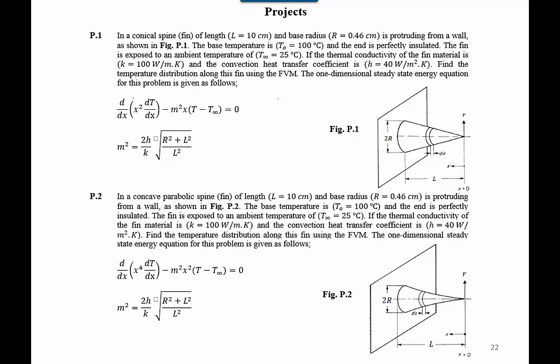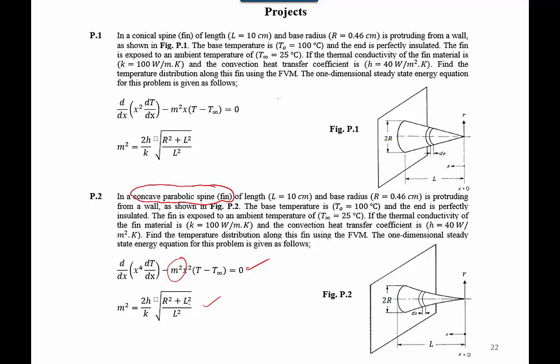Problem number 2, another shape will be studied, which is a concave parabolic spine fin, which has the same data given in problem number 1, but with a different differential equation and with the same value of m squared.